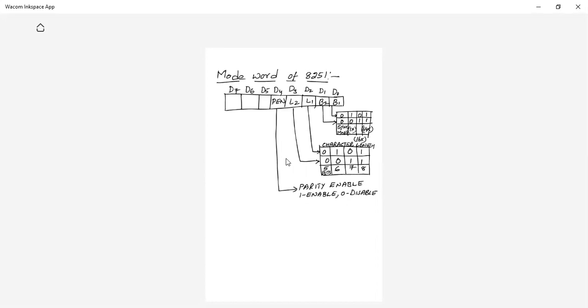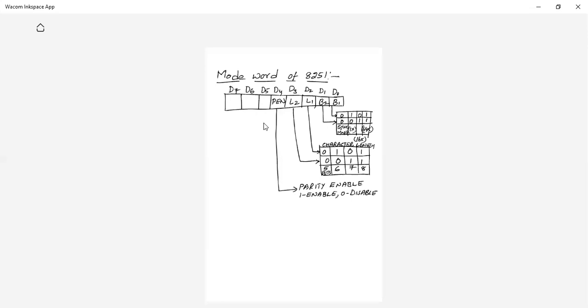So one for enable, if you want to enable the parity, right? Always while transmitting the serial data, we need to transmit the parity bit also. So if you want to use the parity, you can set the one such a way that you can send the parity bit. If you are not interested in transmitting the parity bit, then you can disable it by keeping 0 here, right? But in most cases we transmit the data with the help of the parity bit also.